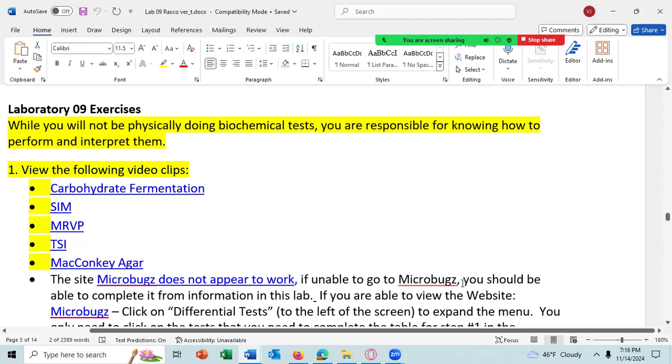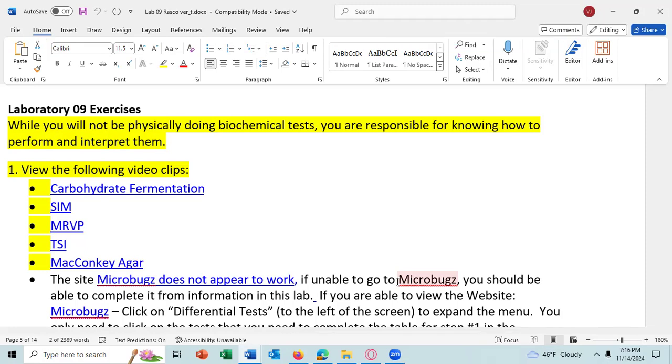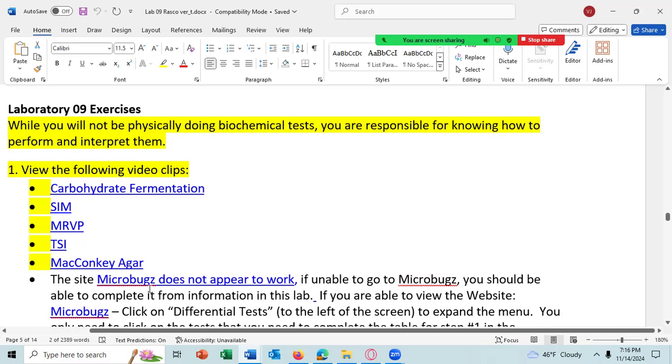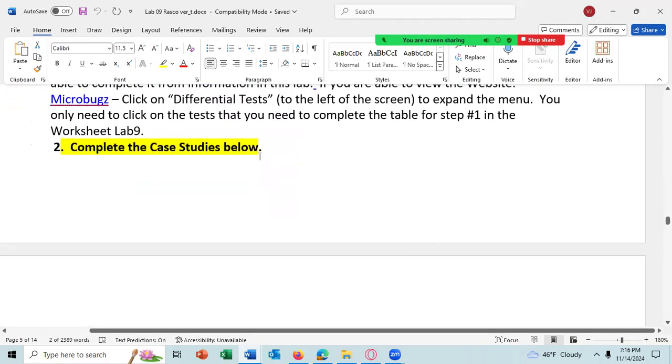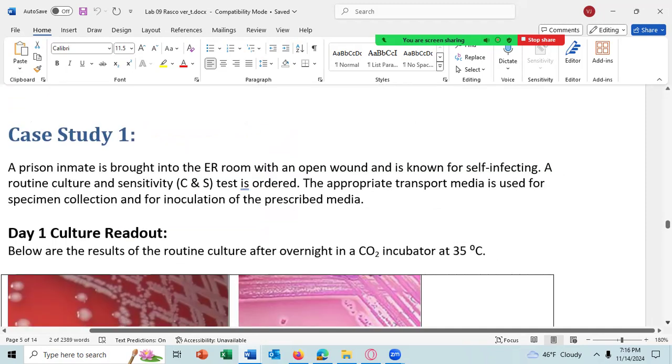You should be able to complete the worksheet to this lab module without going to the site MicroBuzz. I don't believe that website is actually working, but you can use the information in this lab to finish the worksheet, and then also complete the case studies, which I've got below.